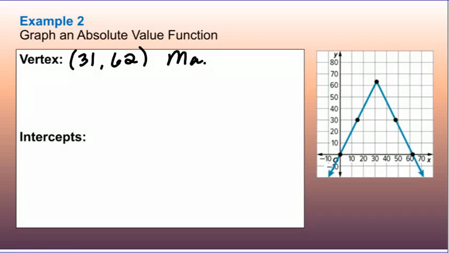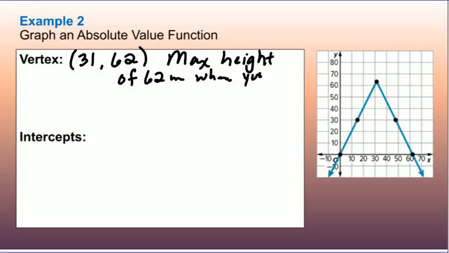So max height of 62 meters when you're 31 meters from one side of the building.